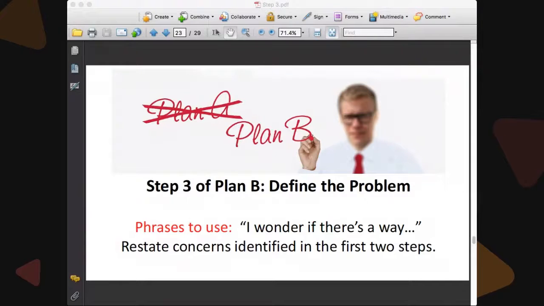Okay, so don't go down a rabbit trail and talk about something that has nothing to do with the concerns that you first identified. So you just have to keep yourself on track and keep your child on track when you start brainstorming solutions, and making sure that there's something that both of you can live with.